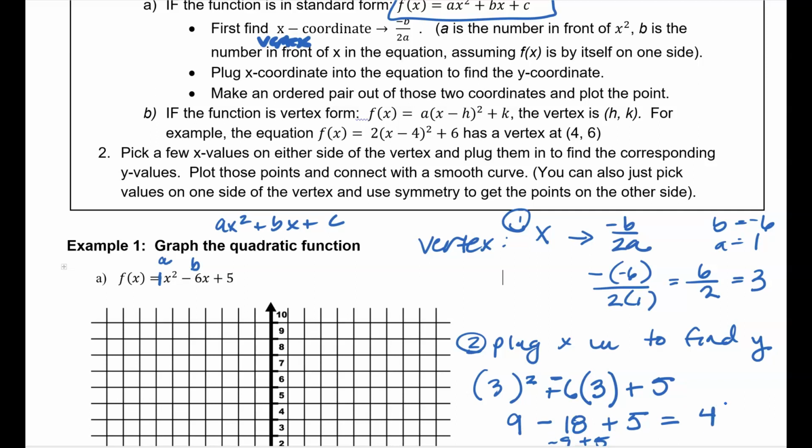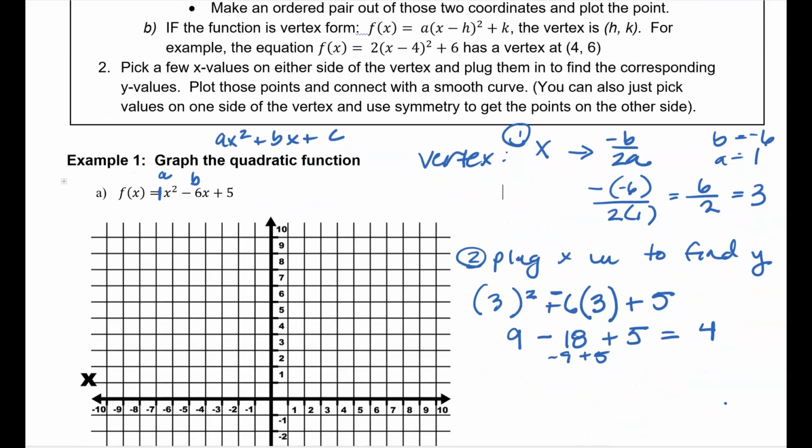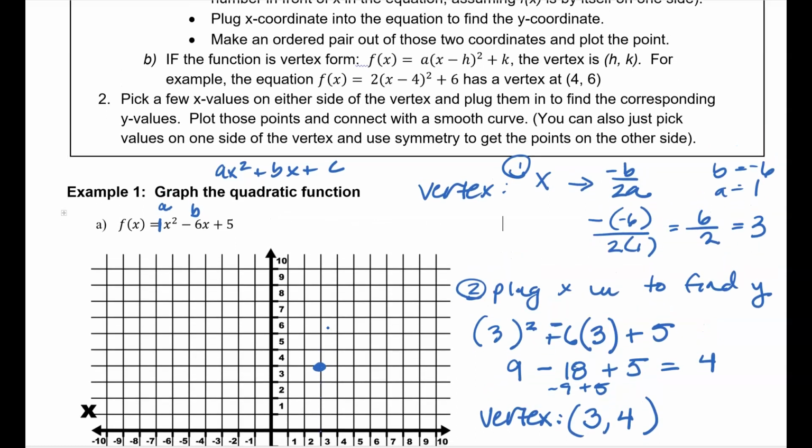And so we're going to write down our vertex, and our vertex is 3, comma, positive 4. So I'm going to go 1, 2, 3, 1, 2, 3, 4, and I'm going to plot it just like that. Okay, and then what I'm going to do is try to find my other points.